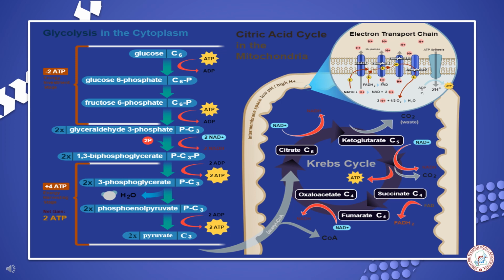The protons pumped into the intermembrane space are used for the synthesis of ATP via ATP synthase, known as the F-type ATP synthase channel.